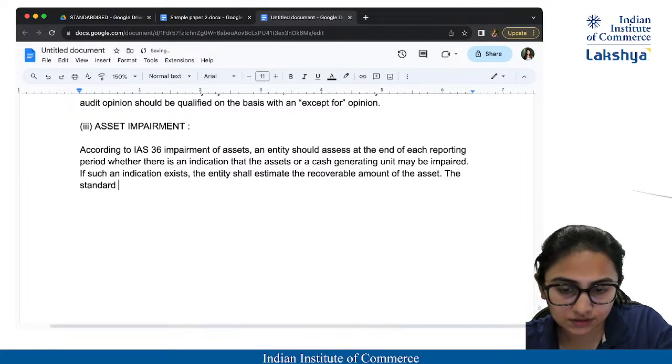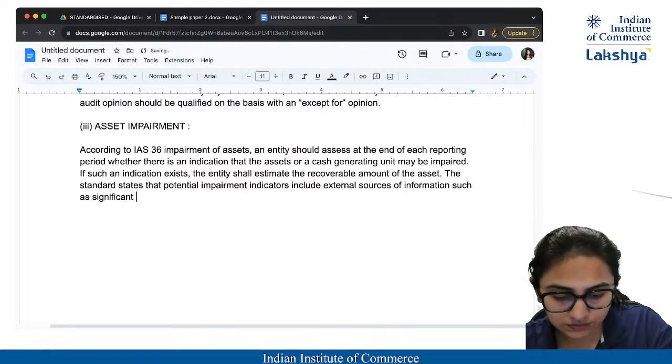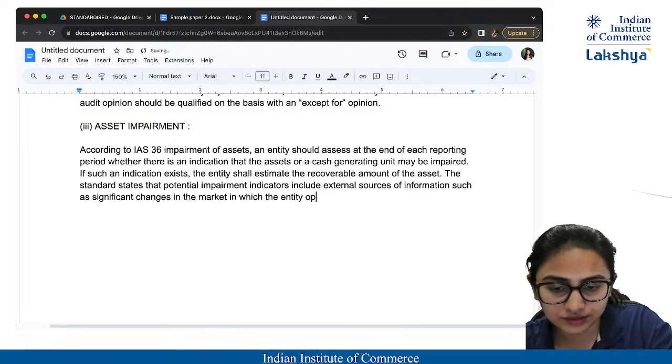The standard states that potential impairment indicators include external sources of information, such as significant changes in the market in which the entity operates.